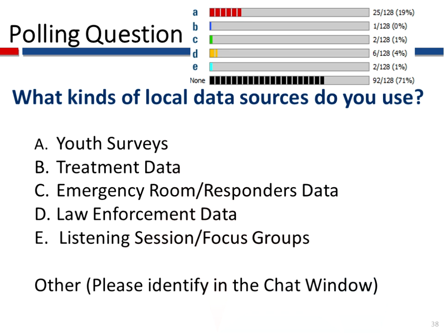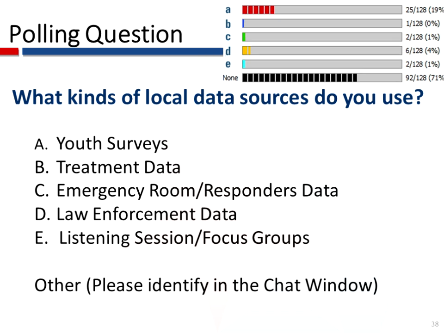They're not specific enough to allow us to flesh out the local conditions. So part of thinking about what kind of data source we want to use is also thinking about what kind of data source matches the kind of data we need. If we need local condition data, then listening sessions and focus groups are going to be right at the top of my list. Youth surveys, as I said, are appropriate for the other kinds.